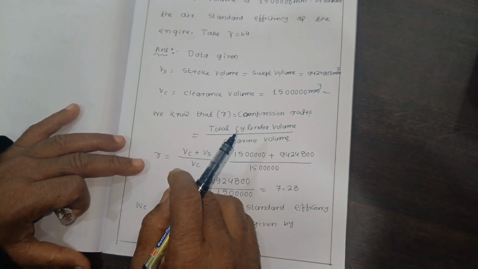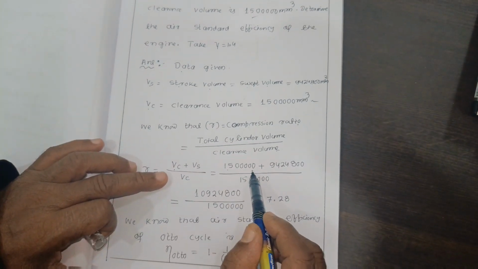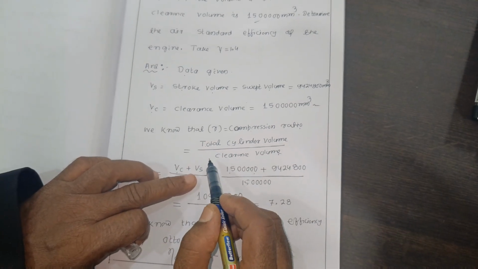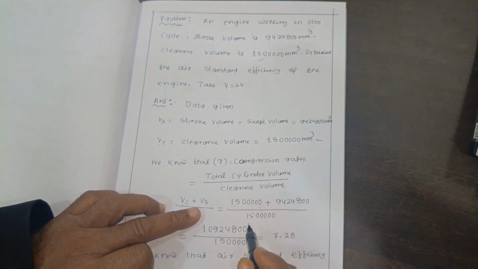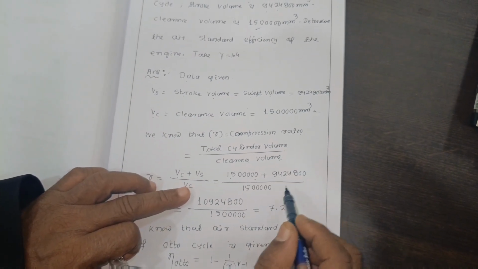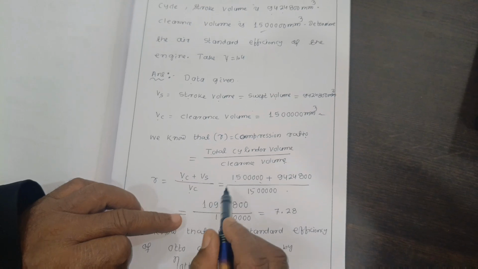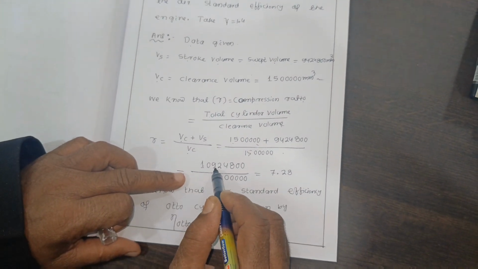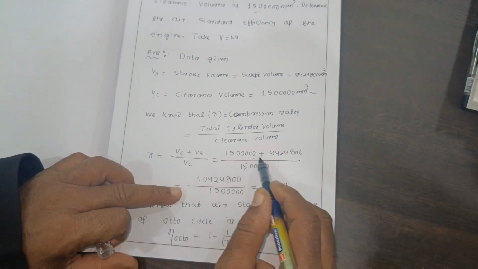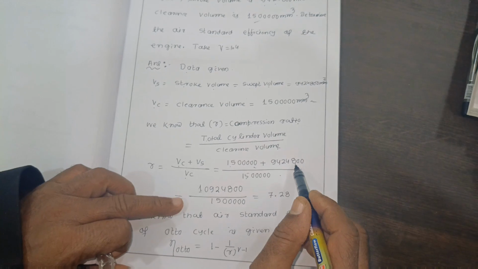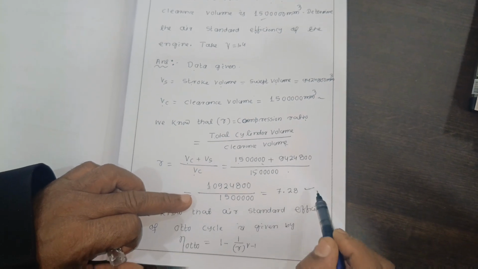Putting all the values we have, Vc is equal to 15 lakhs plus Vs is equal to 9424800, given, divided by Vc is equal to 15 lakhs is equal to 10924800. After addition of these terms, 15 lakhs plus 9424800, divided by 15 lakhs is equal to 7.28.